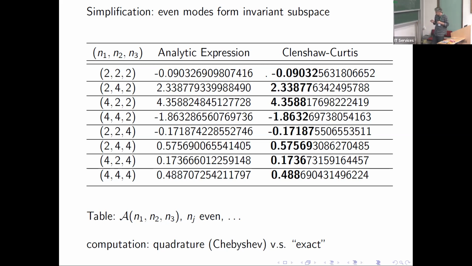Unfortunately, while these integrals can be computed explicitly, the result has to be evaluated numerically, because the formulas are too long, and we essentially had to compute them also by quadrature, just to make sure that we're getting the right answer. So this is a difficulty with this method: the coefficients do not have a simple expression.